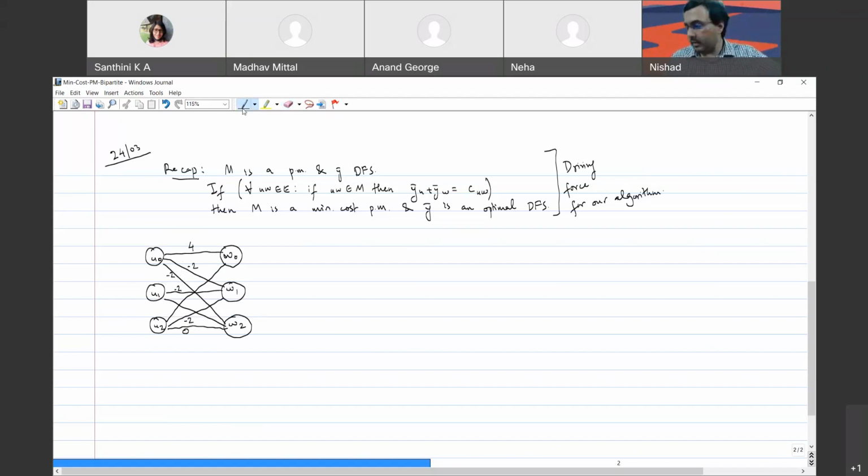Minus 2 and 2, and this is a 1 here. Okay, great. So this is our graph G with parts U and W, and we have the costs given from the edges to real numbers.